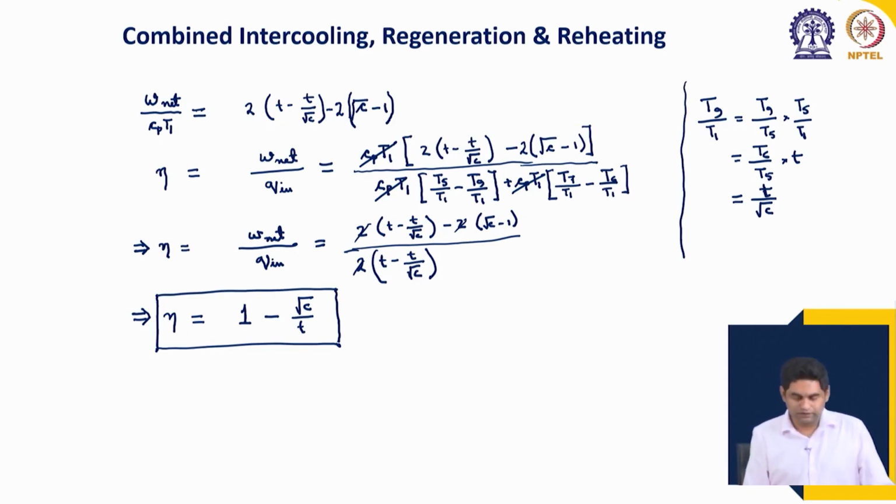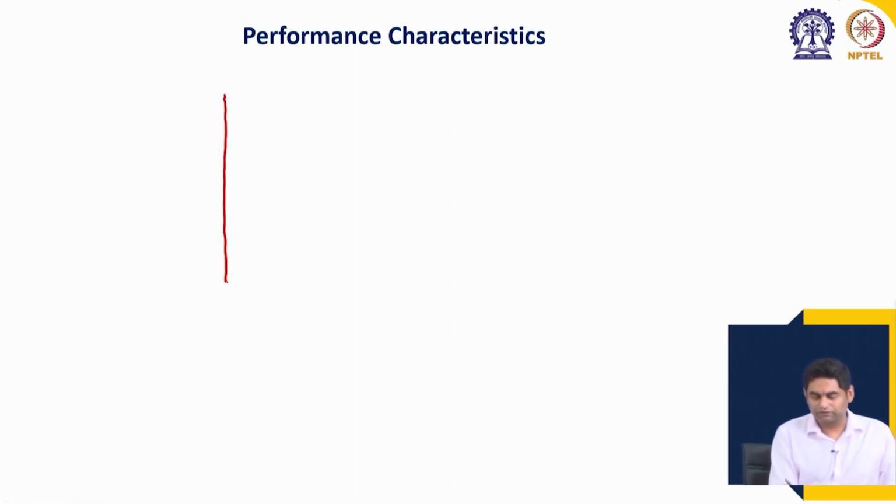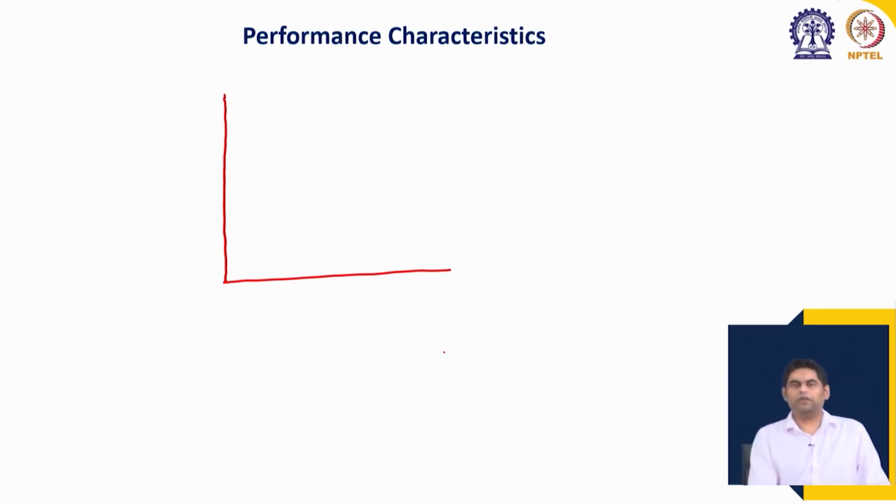So, let us draw the performance characteristics. Here we will draw qualitatively, so that we can have a quick qualitative comparison. Later we will have a full quantitative comparison. So, we are not drawing the net work output versus r curves, because the work output remains the same as the previous cycle, which is the combined intercooling and reheat cycle.